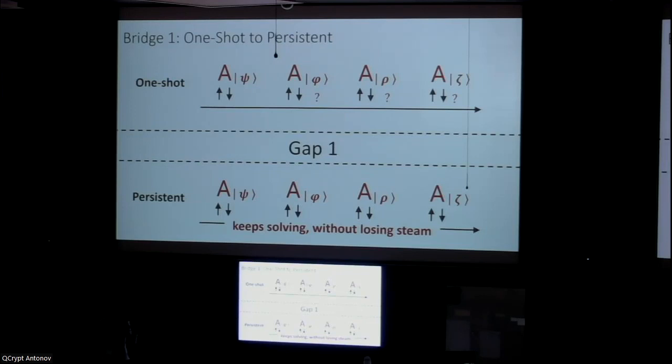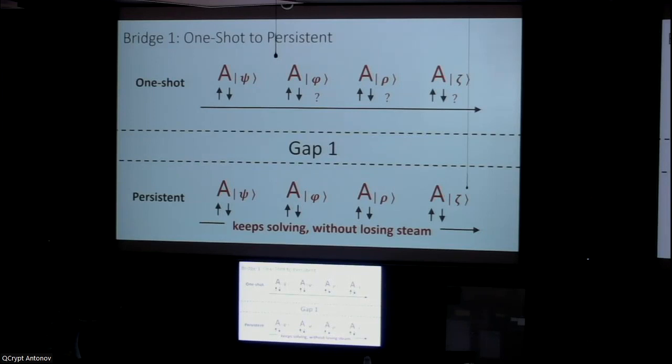It's not the same state, so he may behave differently, but he still succeeds in breaking the primitive. So the reduction can use him, and then evolve the state to another state, rho, and so on and so forth. So it evolves, it changes, but it does not lose its steam in breaking the assumption. So we go from one-shot to persistent. He's continually breaking the assumption, but he evolves.